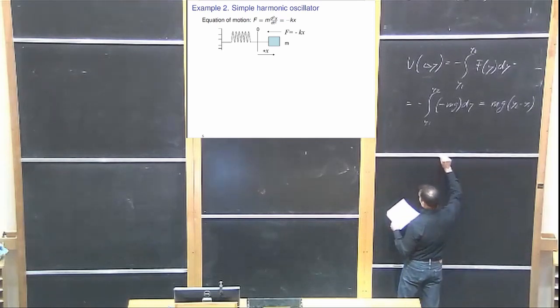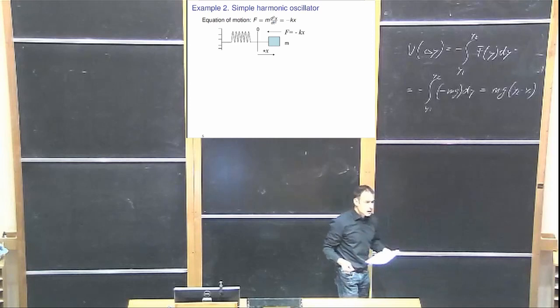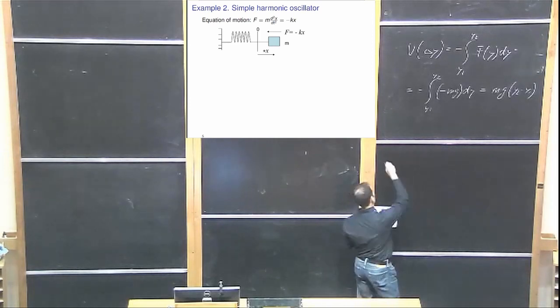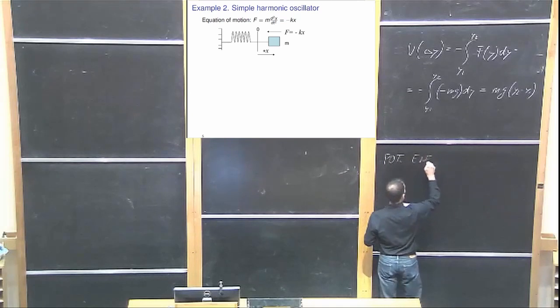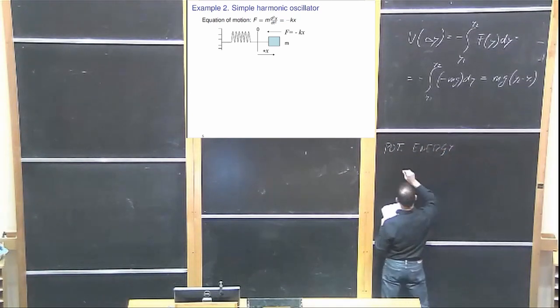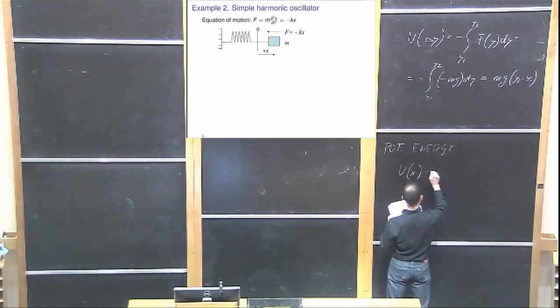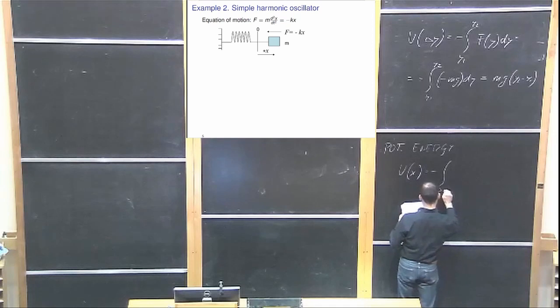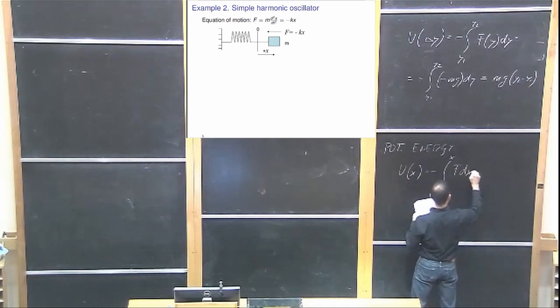Now, let's look at the two components, kinetic and potential energy, and let's start with the potential energy. U of x at some point x equals minus the integral from x naught to x of F dx.